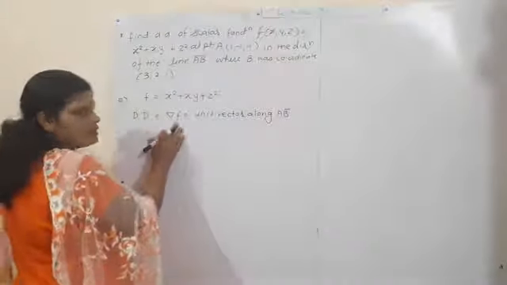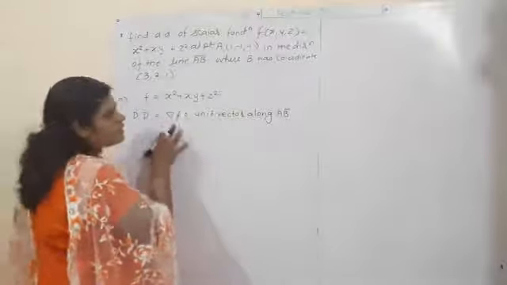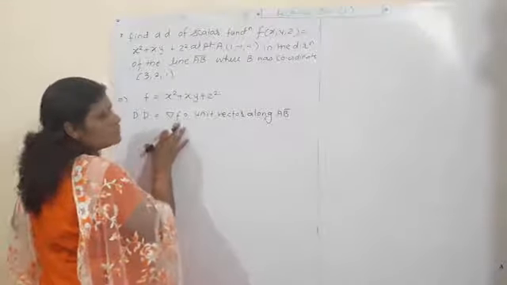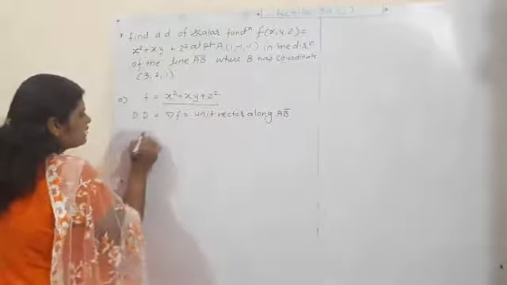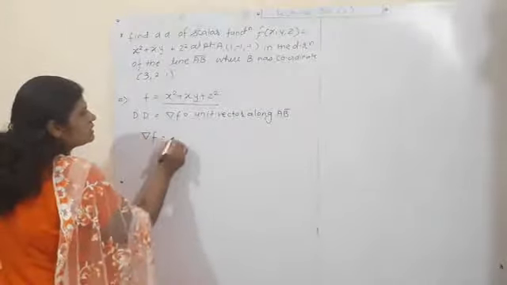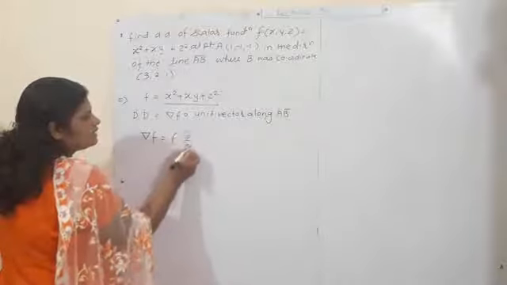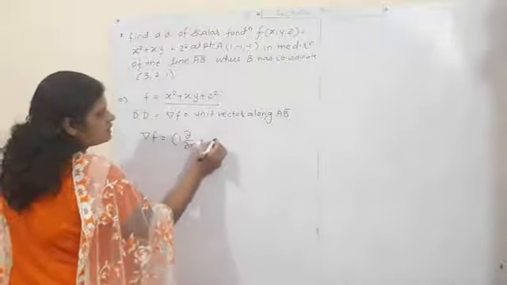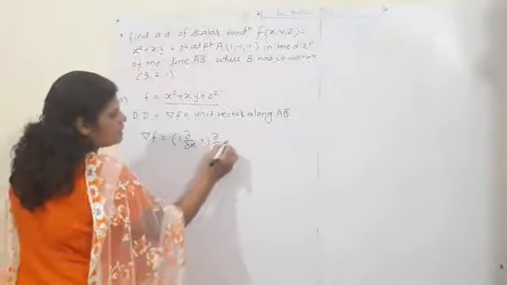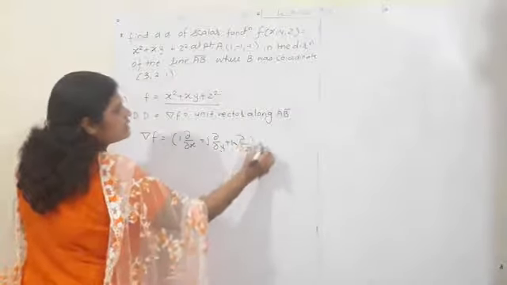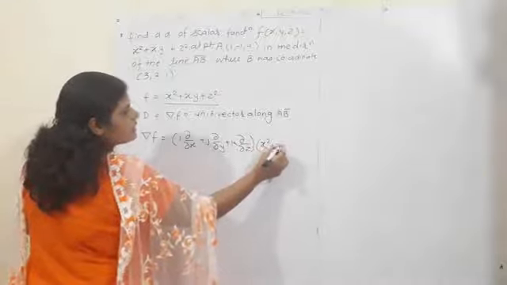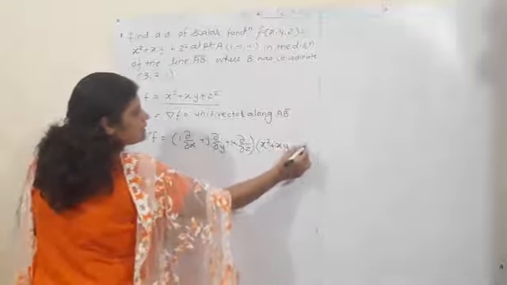So first we see grad f. Everyone knows how to calculate the grad of any scalar function. So f is given here, and we calculate grad of f, that is i del by del x plus j del by del y plus k del by del z of our f, x square plus xy plus z square.